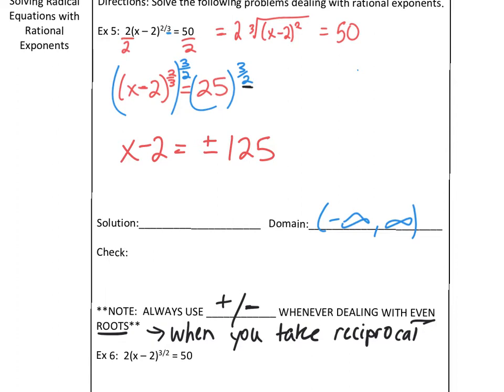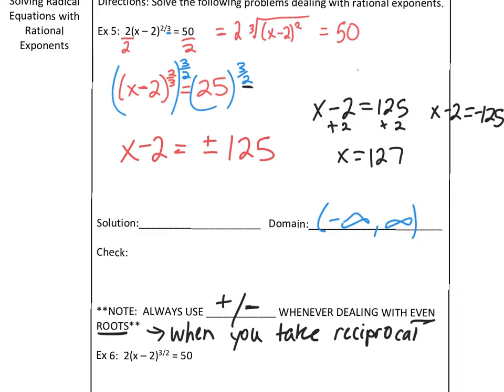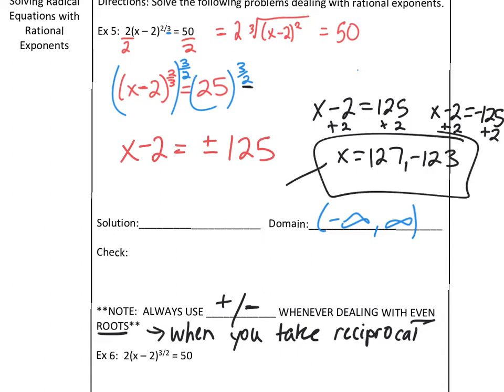So it could be either, but I've got to make sure I know what x equals for both. So I just need to do x minus 2 equals 125, and x minus 2 equals negative 125. Add 2 over, x is 127, and when you add 2 over, x is negative 123. So those are your two answers. That's your solution.